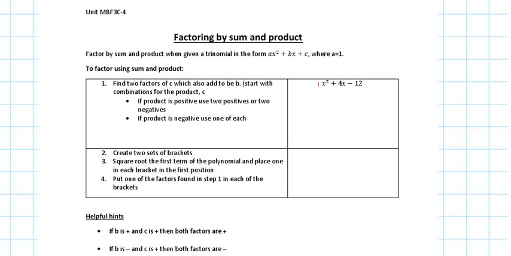And it's not difference of squares, is it? Is it two terms with a minus between them? No, this is three terms. So the only option that I have right now is what we call the sum and product, okay? It is called the sum and product because I'm looking for two numbers, two factors, that multiply to my last term and add to my middle term, okay?